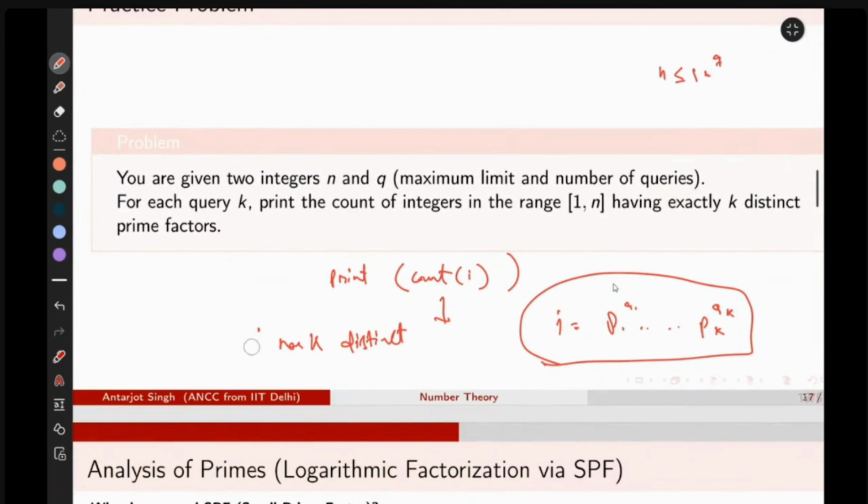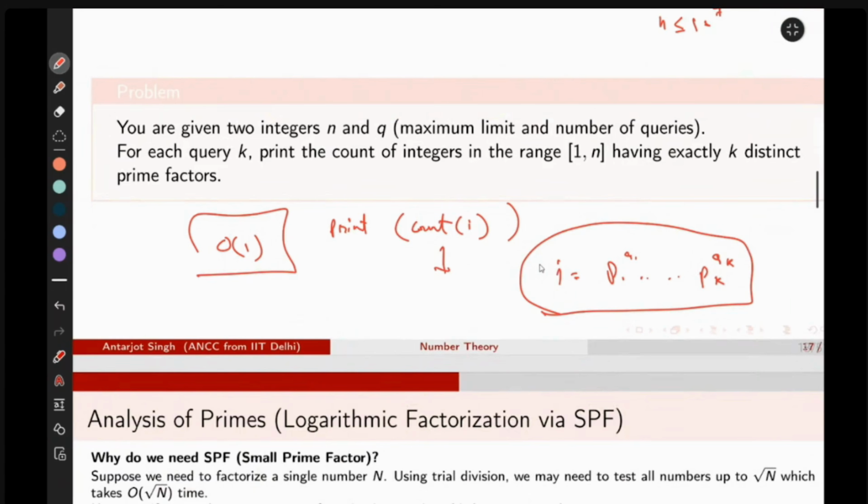Then make a hash map of it, then you can print the answer in big O of 1 per query. Is the solution clear? Yeah, I hope it's clear.